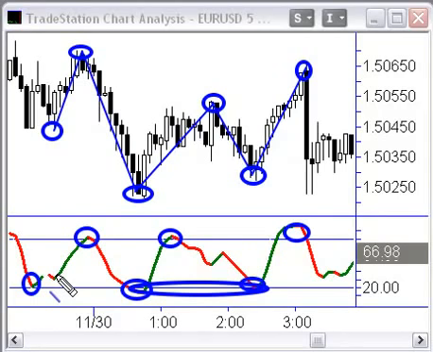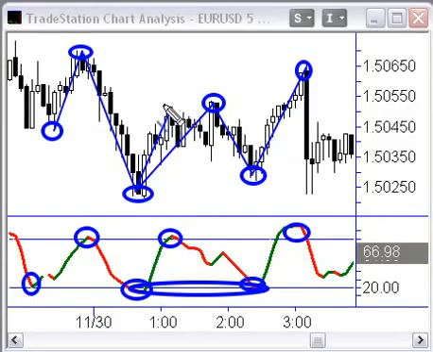Now, there is still a downside to this. Even though we've gotten closer, this works great in hindsight. But the problem is, if you look at this, for example, this comes up here, and this hits 80. So on the hard right edge of the screen, when the market is right here, this is going to look like a high.